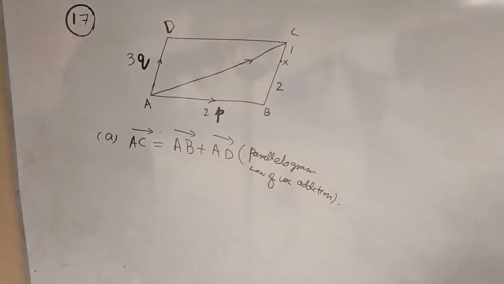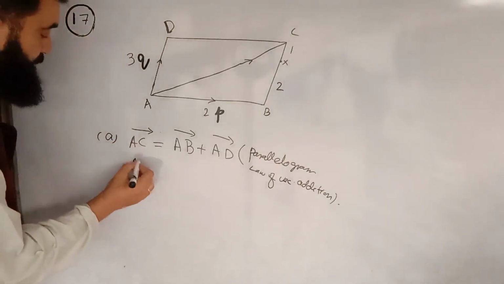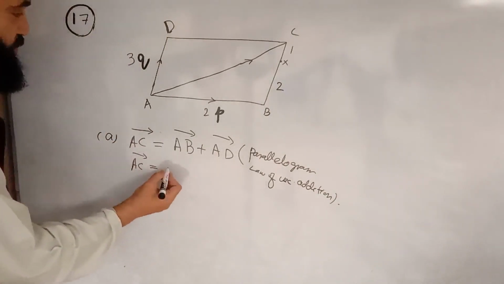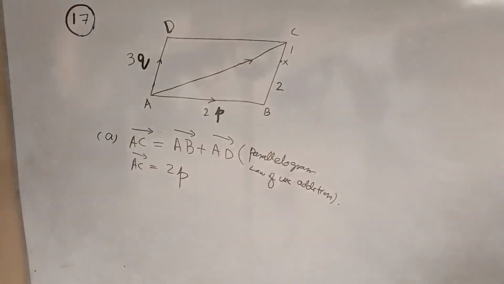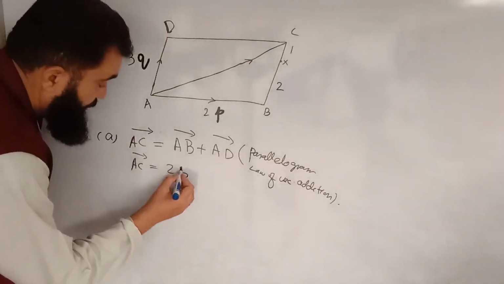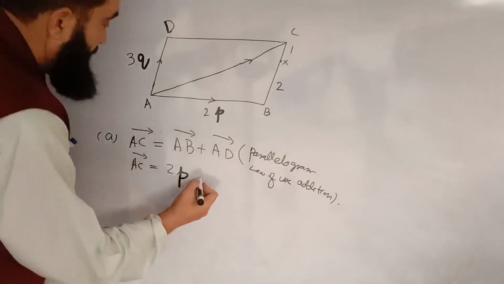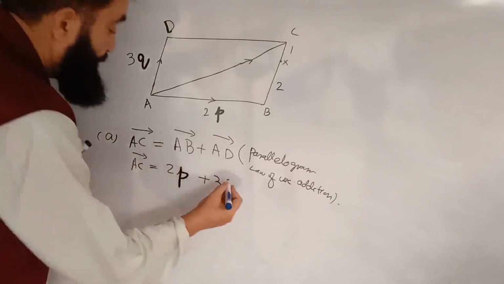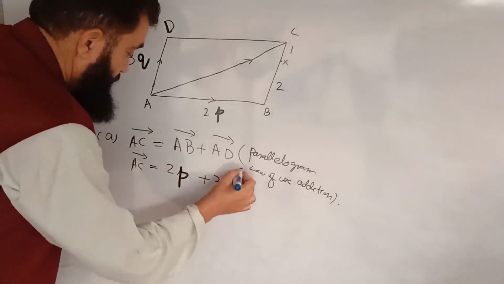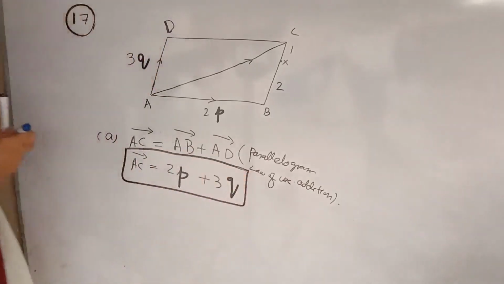So AC is AB plus AD, and it is given that AB is equal to 2P. P is a vector here, so I make it boldface. 2P plus AD, which is 3Q. So AC is 2P plus 3Q. This is the answer of part A.